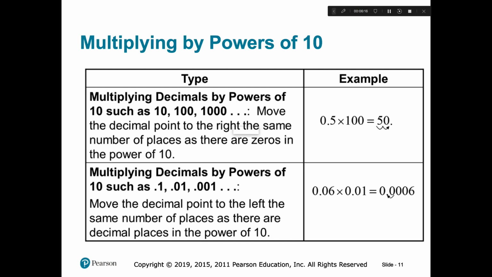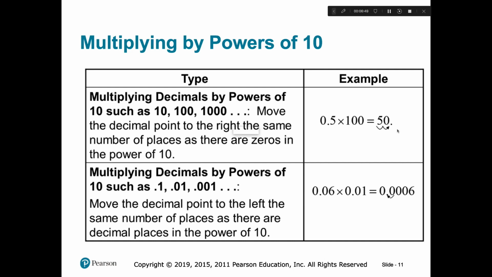If you're multiplying by 10, we move it to the right 1 spot. If we're multiplying by 100, we move it to the right 2 spots. The rest of the number just stays the same, and we just slide the decimal point over. So 0.5 times 100, we would move this 2 places. Make sure you add that 0 in front of the decimal place to give you 50.